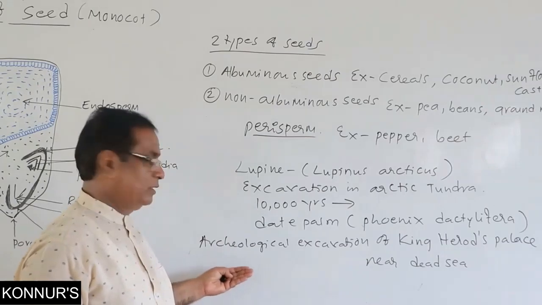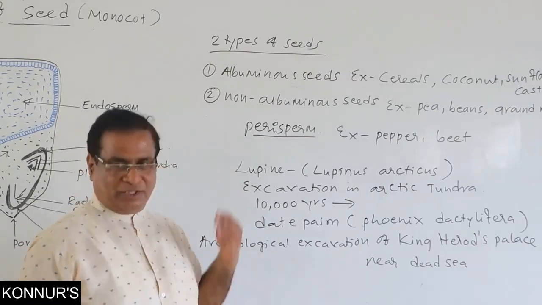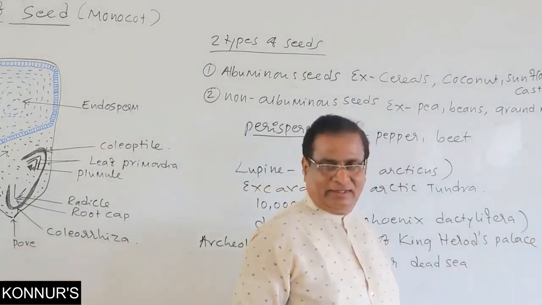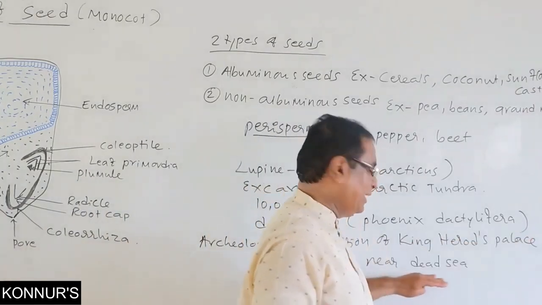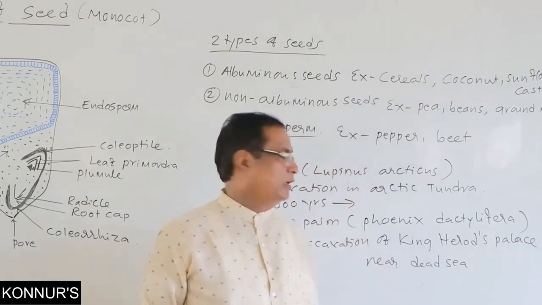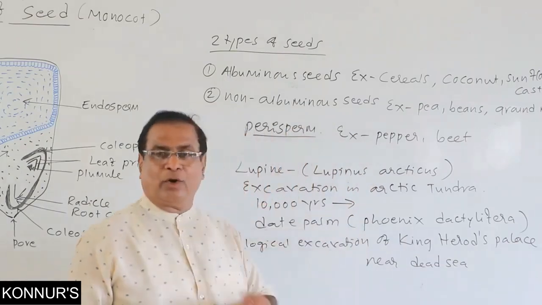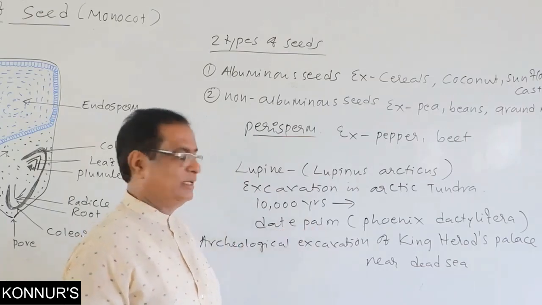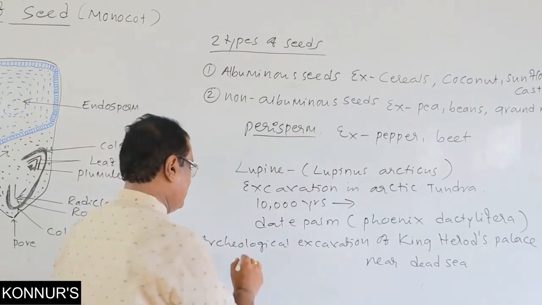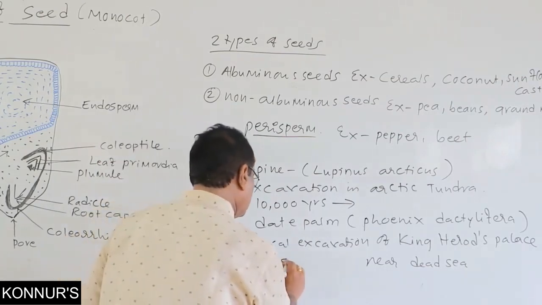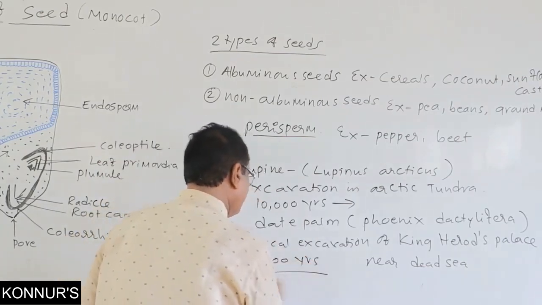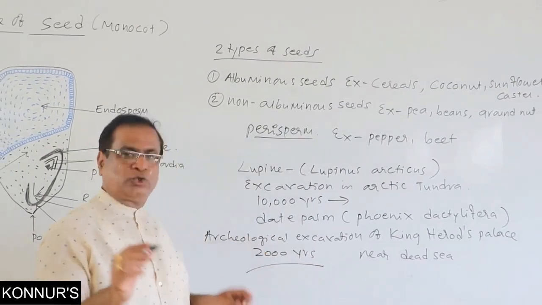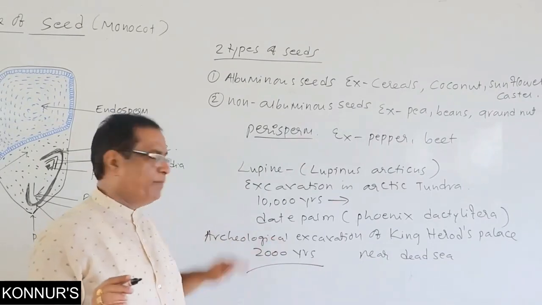There, seeds of date palm were obtained. The surprising thing is, those seeds started germinating after 2,000 years. So the dormancy period for date palm is 2,000 years.